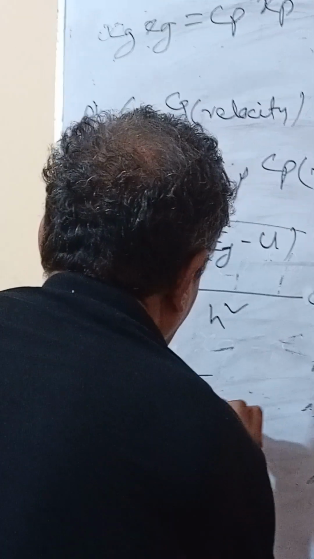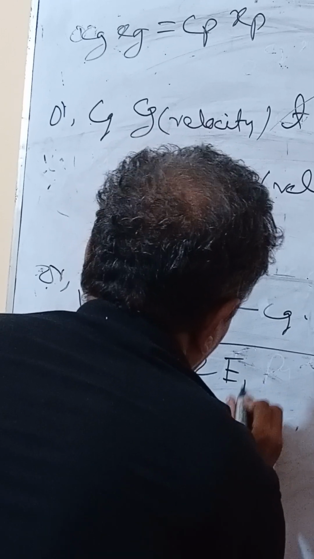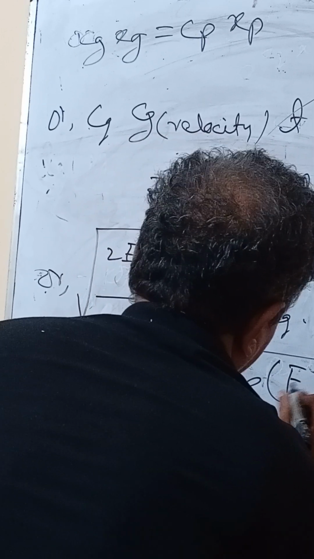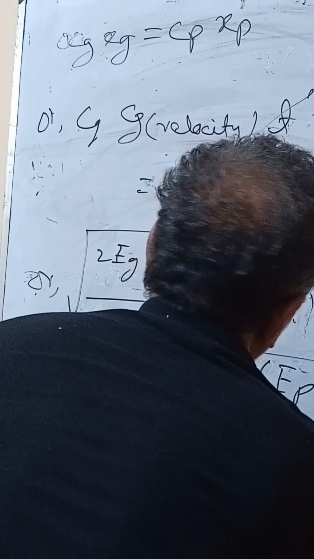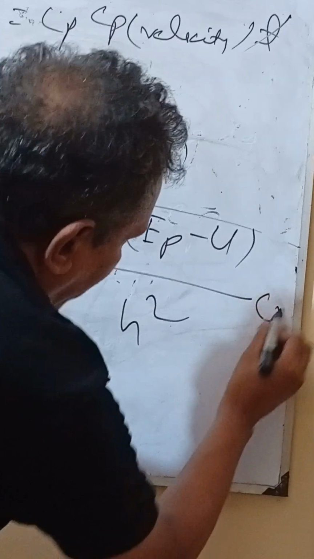Cg velocity not T, then is equal to 2 into EP minus U by h square, Cp, velocity of photon particles.